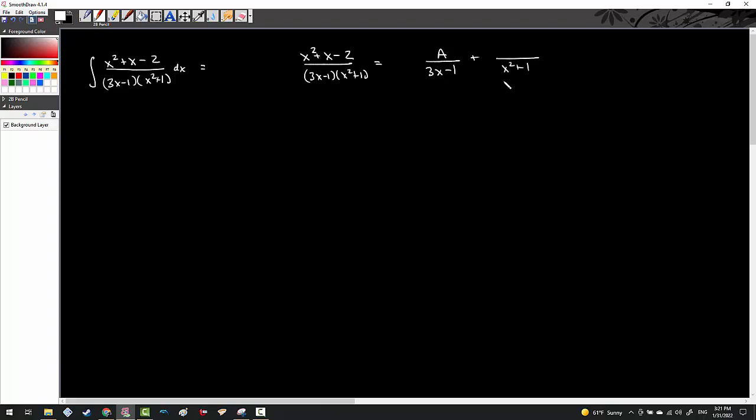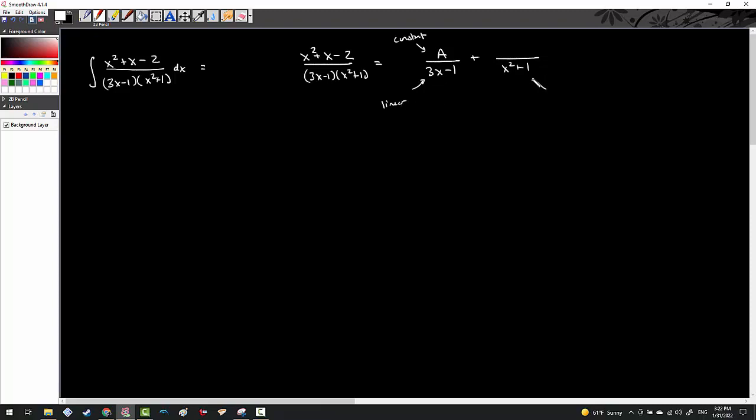Now, what I want to draw your attention to is notice the relationship between the numerator versus the denominator. The numerator always trails the denominator by one, what I call functional power. So what I mean by that is if you look at A, it is a constant. And that's because its denominator is linear.